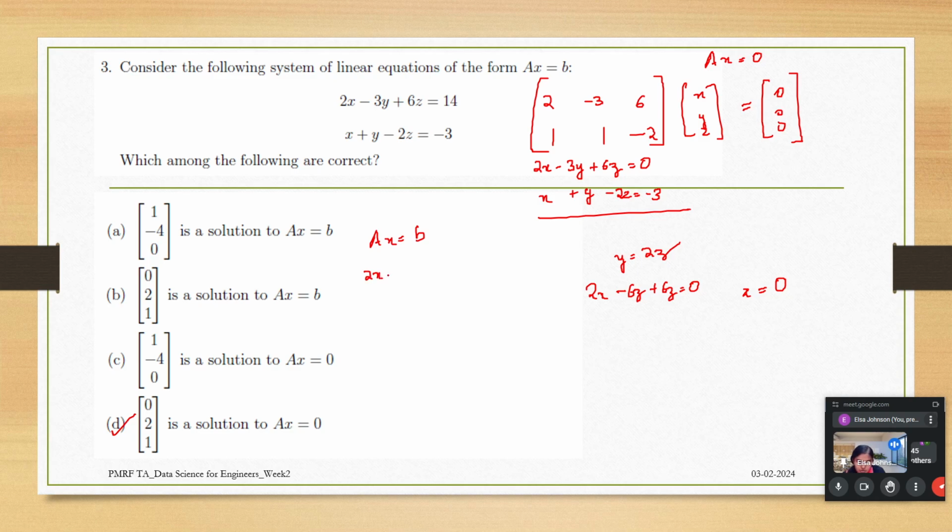You have to solve these two: 2x minus 3y plus 6z equal to 14 and x plus y minus 2z equal to minus 3. Solving these, can you tell me the values that you are getting?